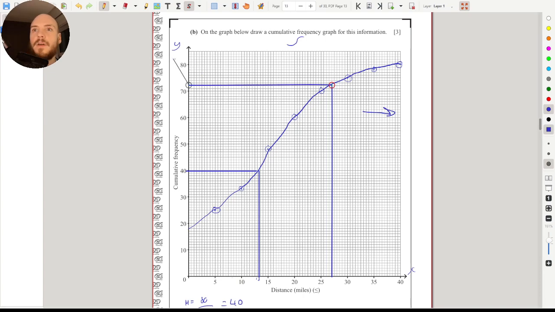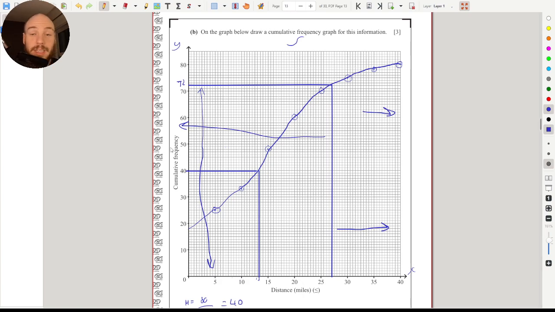It looks to me about 72. Now again, we're interested in 27 miles or more. So we know that 72 people drive less than 27 miles.